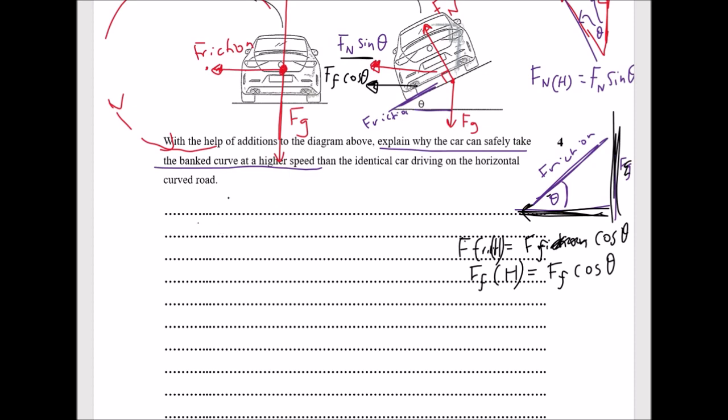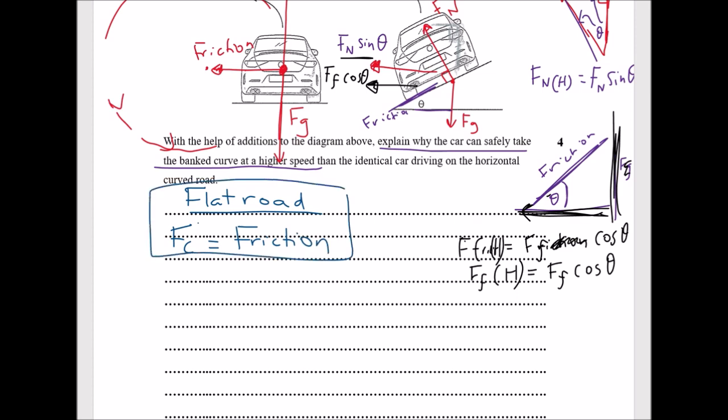If we look at the flat road, the centripetal force is just friction. If I look at the banked road, the centripetal force is the normal component plus the friction component.